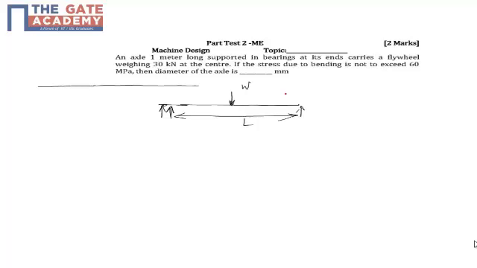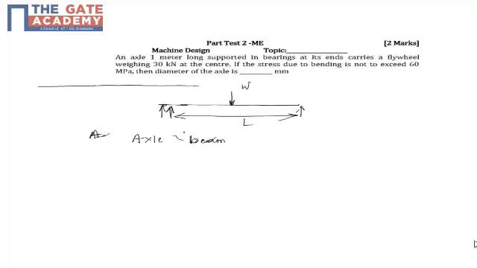And we need to design the axle, so we need to find the diameter of the axle. For that, treating this axle as a beam, we need to draw the bending moment diagram.